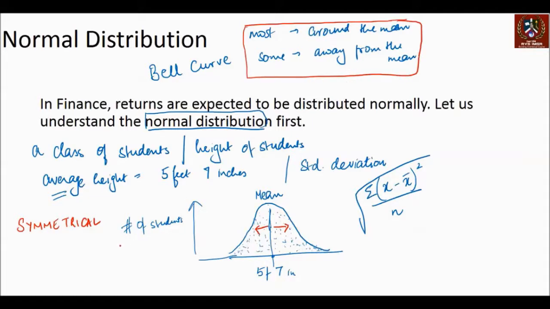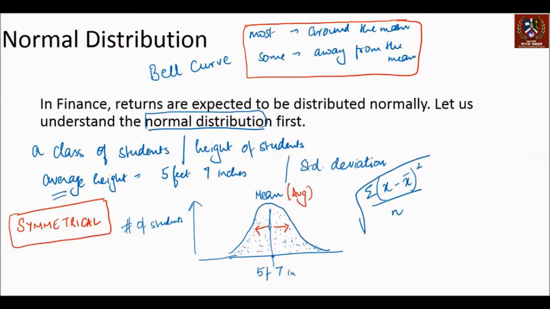And the second part of the observation is that the curve is symmetrical, or broadly symmetrical, in nature. What does that mean? That means that effectively you have the same number of observations below the average as above it. The average is the same as the mean. I'll keep using the terms mean and average interchangeably.